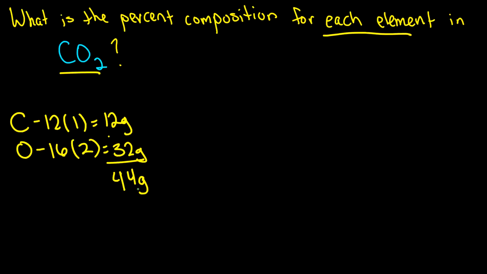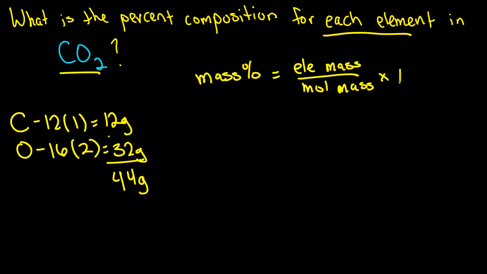Now we can just follow our formula or follow our steps. So our formula again was the mass percentage is equal to the element mass total divided by the molar mass total. And then we multiply that by 100 in the end. So the carbon mass percentage is equal to the element mass.